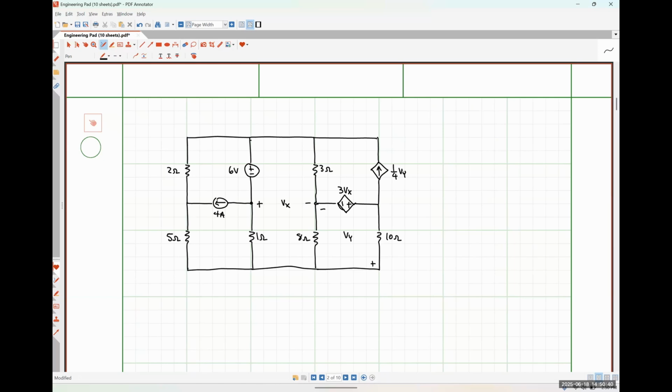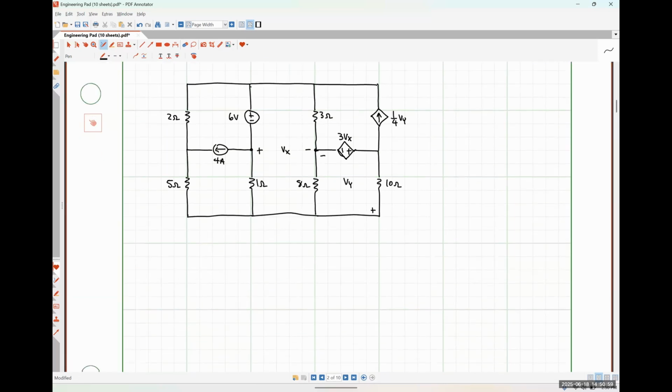All right. So our first 3 steps are going to be the exact same thing as we had before. We're going to identify our nodes, assign a reference node, and then assign nodal voltages to all of our non-reference nodes. So let me just write those steps down again.